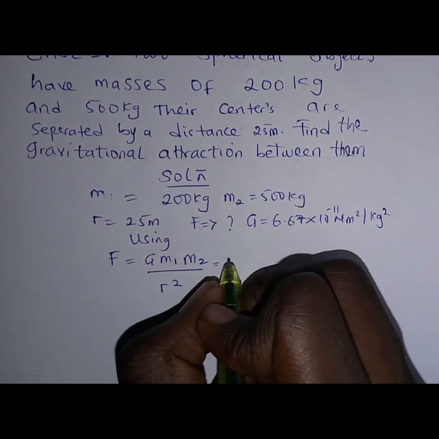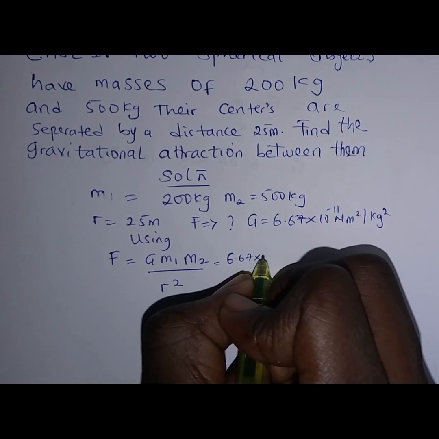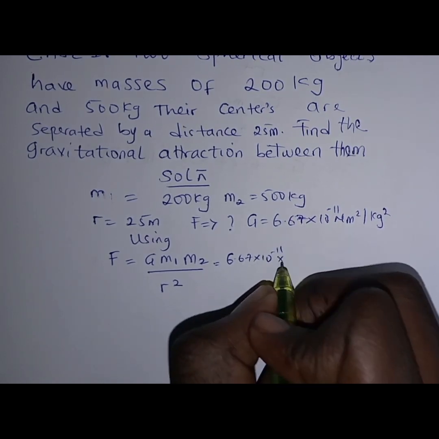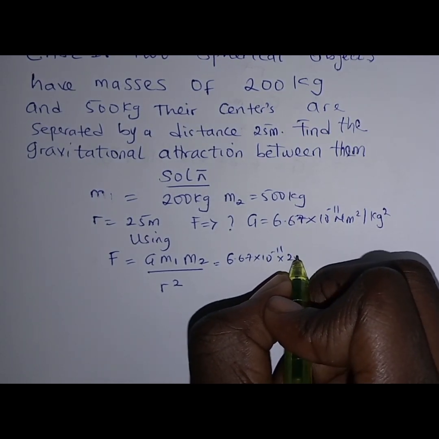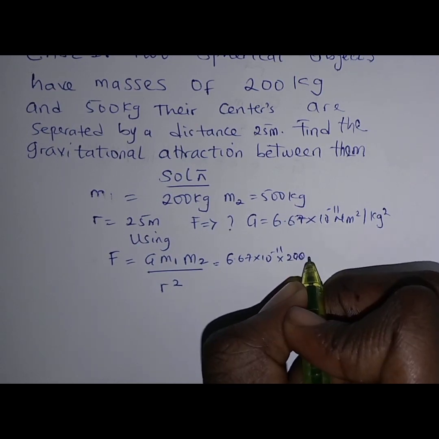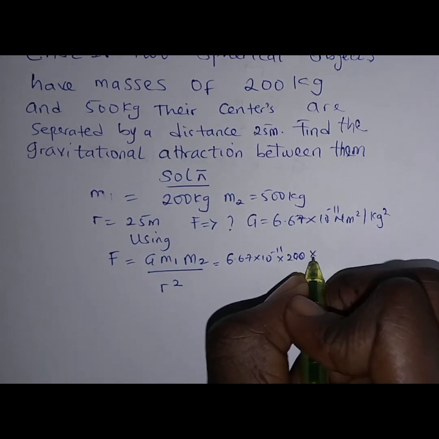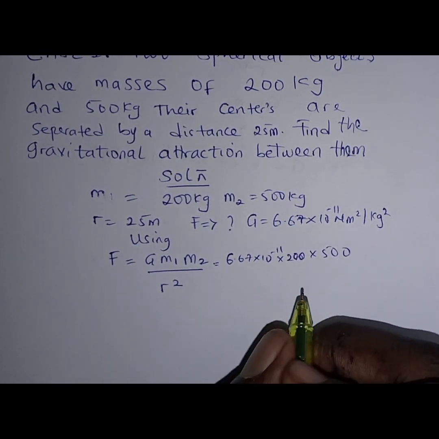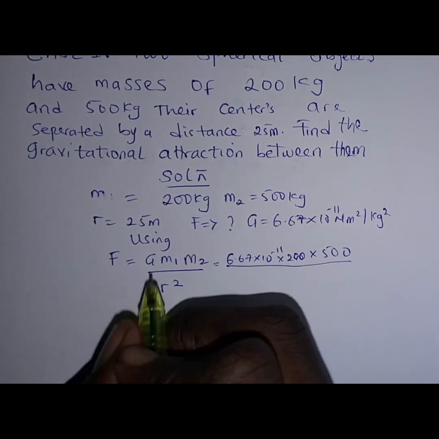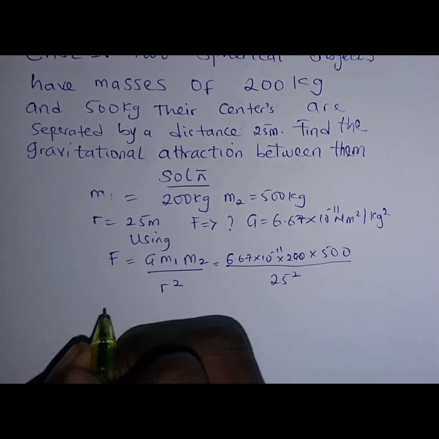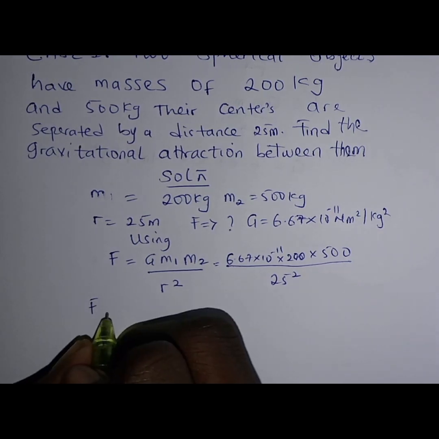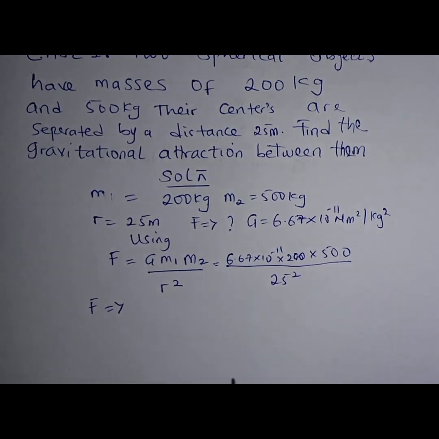We'll have 6.67 times 10 raised to minus 11 times 200 times 500, all over 25 square.